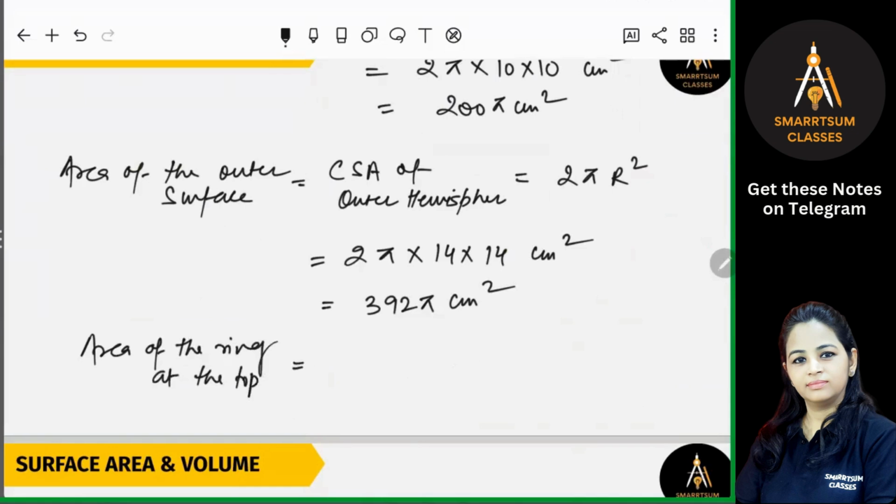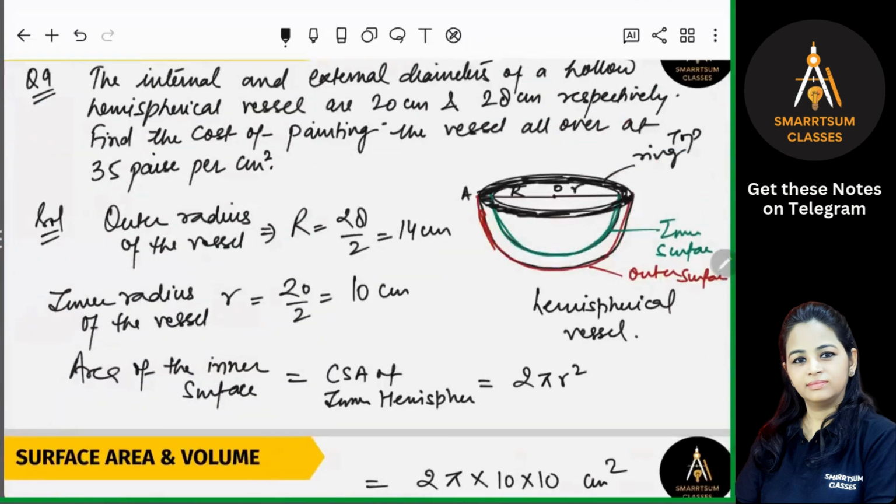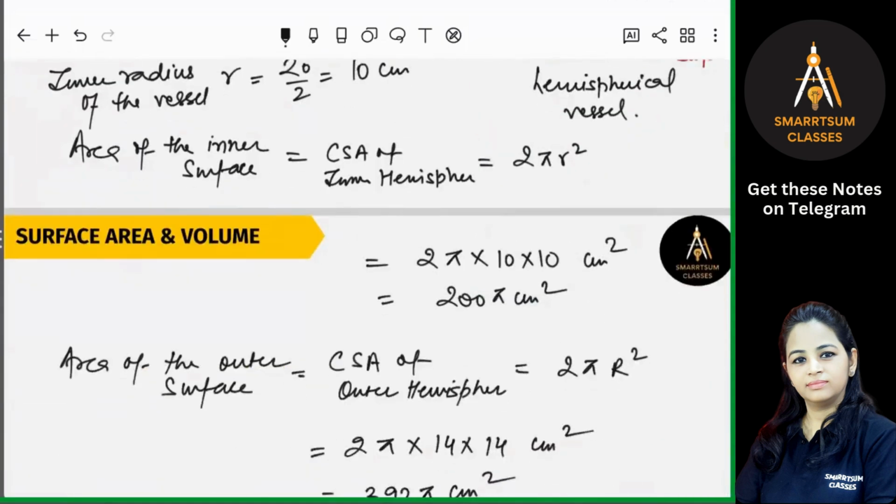How do we find it out? This is pi R square minus pi r square, capital R and small r, both of them. If we subtract that, we can find the area of the ring. Is it clear? So now do it.